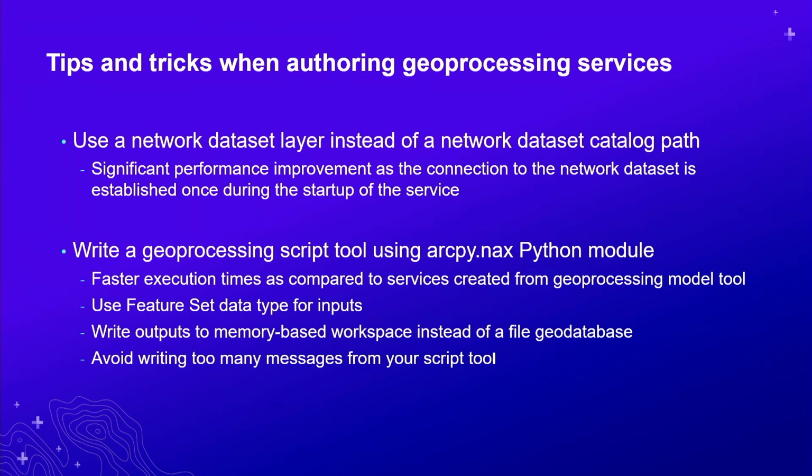If you use a catalog path, every time you use the service, the connection to the network dataset is created, and that can be slow depending on where your network dataset is stored. So I would highly recommend you always use a network dataset layer instead of referencing the network dataset using its catalog path.